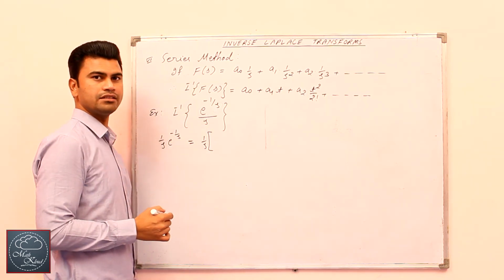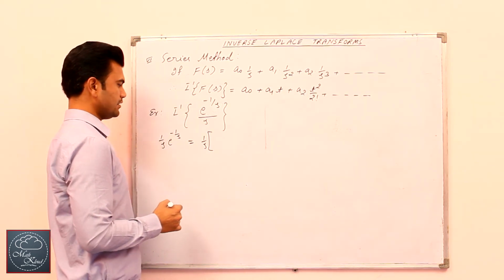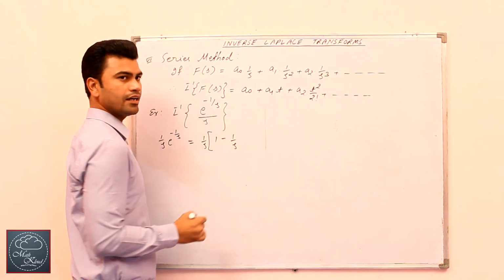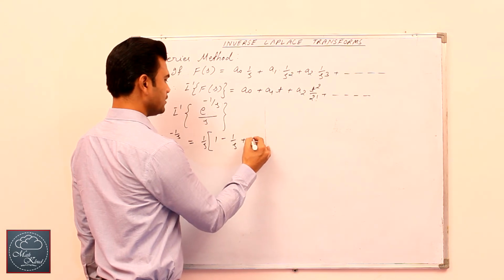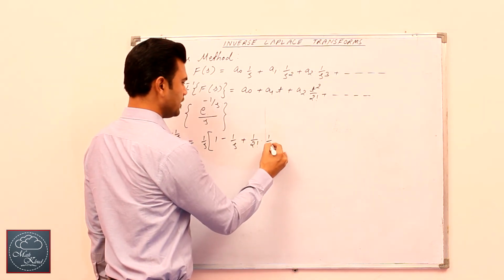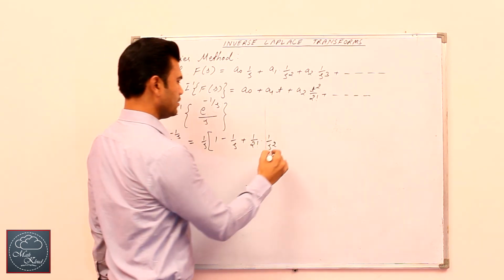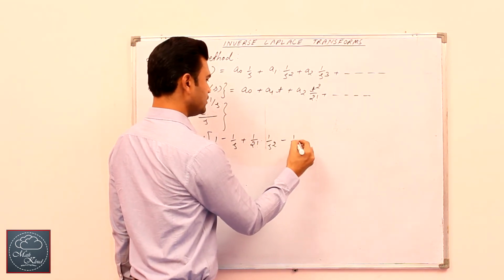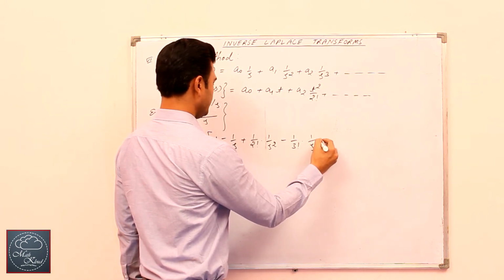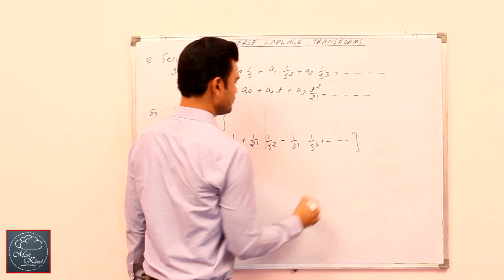Now using the Maclaurin series of e to the power minus x, it will be 1 minus 1 by s plus 1 by 2 factorial into 1 by s square minus 1 by 3 factorial into 1 by s power 3 and so on.